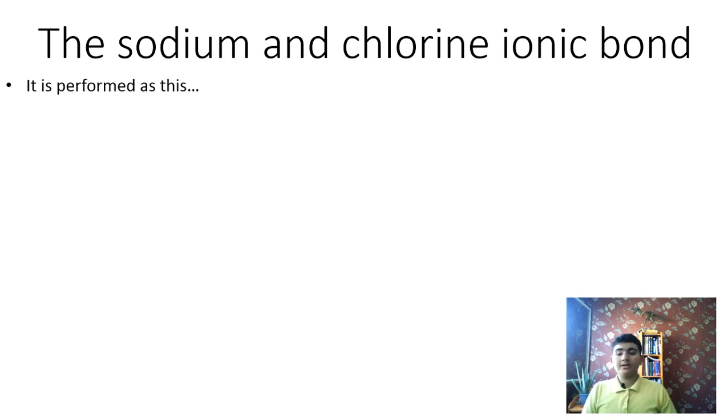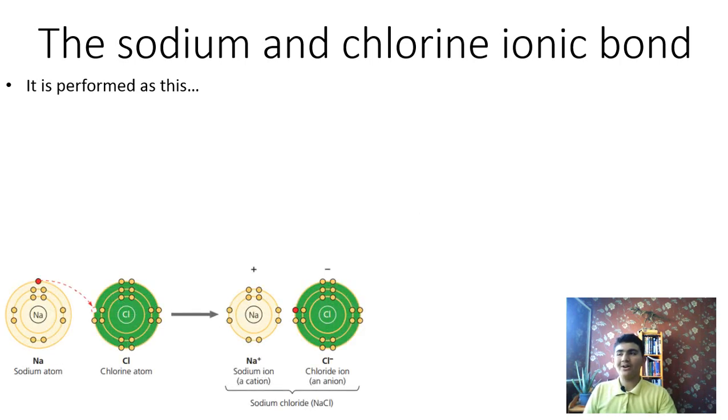We know that these are the pictures of the atoms sodium and chlorine. As you can see, sodium has only one valence electron in its valence shell, so to be happy, it can either lose one electron or gain 7 other electrons.